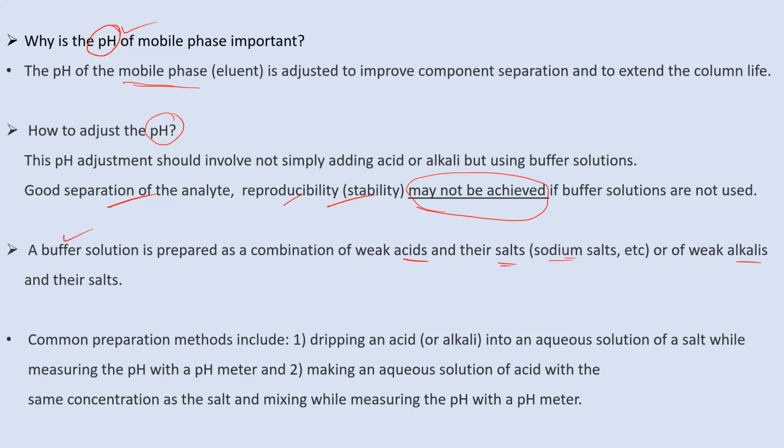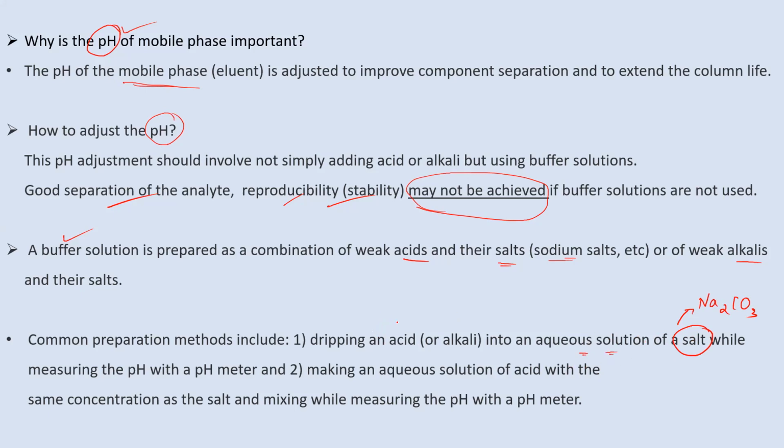Okay, so while making a buffer, you can take any salt, maybe sodium carbonate. Dissolve it in an aqueous solution. If you want to make an acidic buffer, then you keep adding acid dropwise to that solution, stir it gently and check the pH.